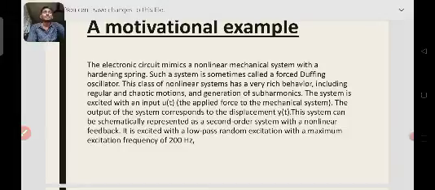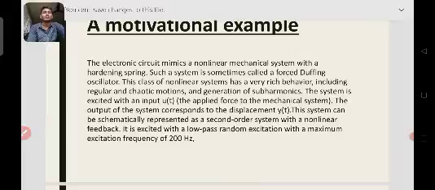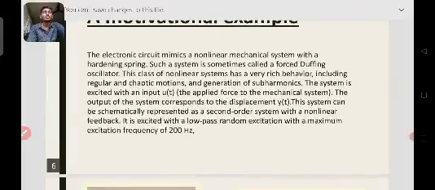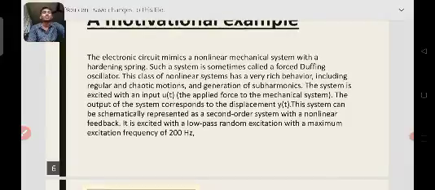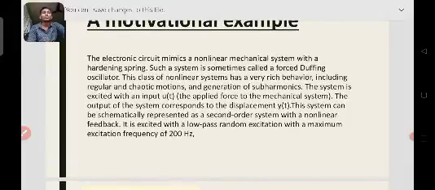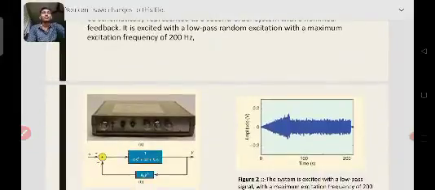The system is excited with an input u of t, where u of t is a unit step function. The output of the system corresponds to the displacement. It is denoted by y of t. The system can be schematically represented as a second order system with a nonlinear feedback. It is excited with low pass random excitation with a maximum excitation frequency of 200 Hz.